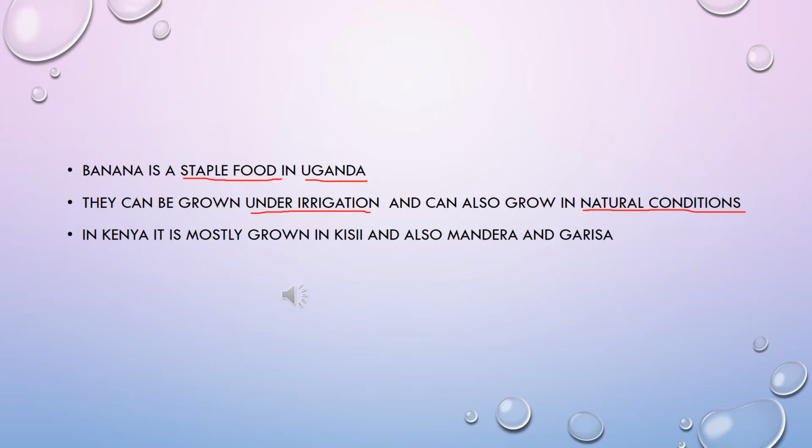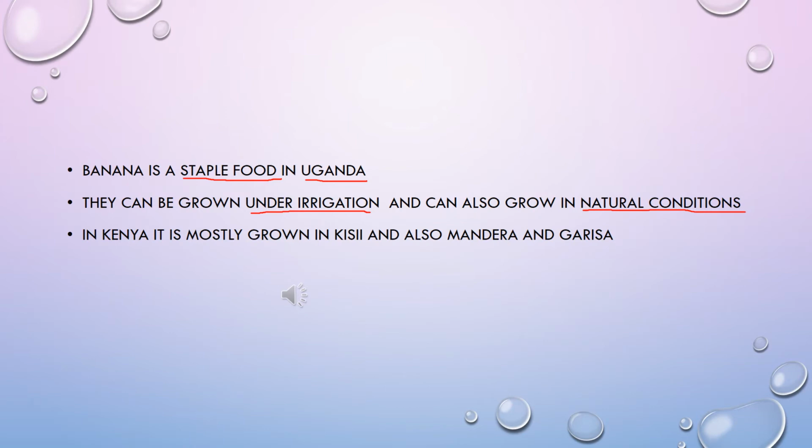In Kenya, it is mostly grown in Kisii and also Mandera and Garissa. In fact, the Kisii are the ones who are mostly known for the love of bananas. So most of the bananas in Kenya are grown in Kisii by the Kisii. Bananas are also grown in Mandera and in Garissa.